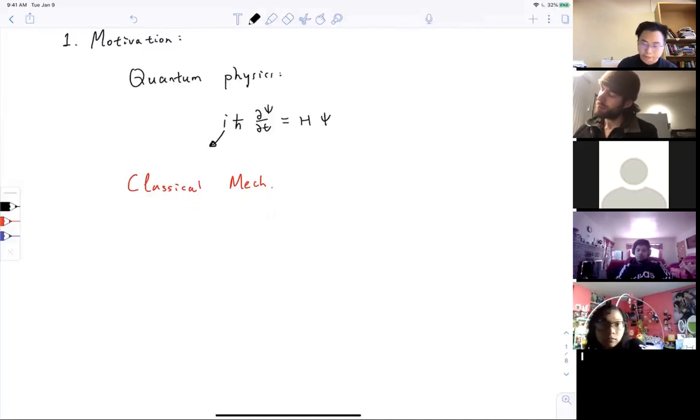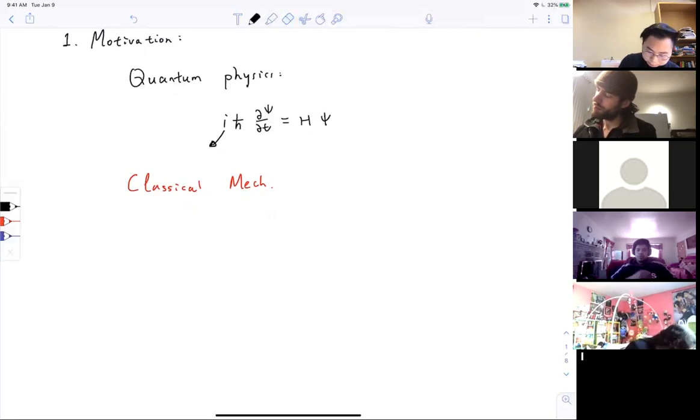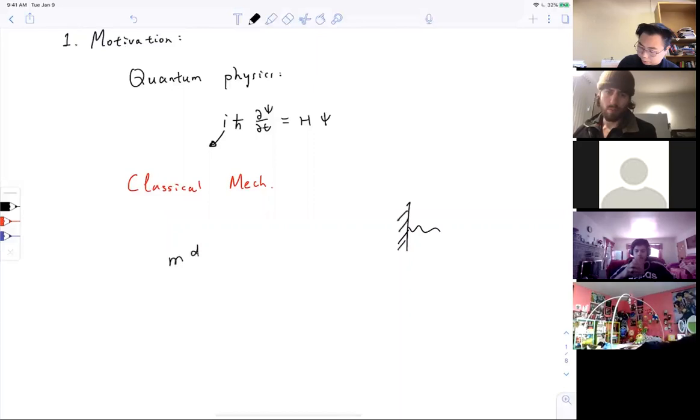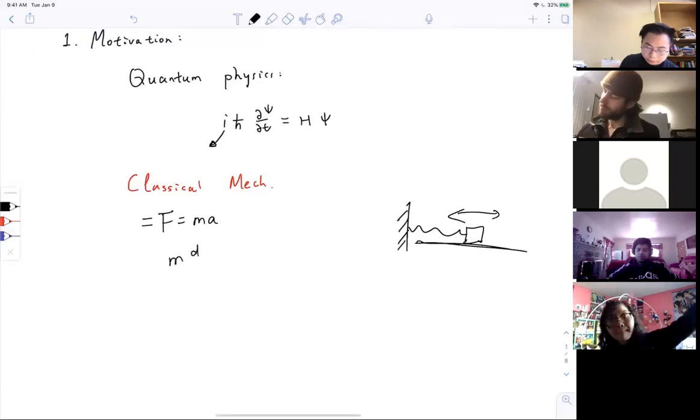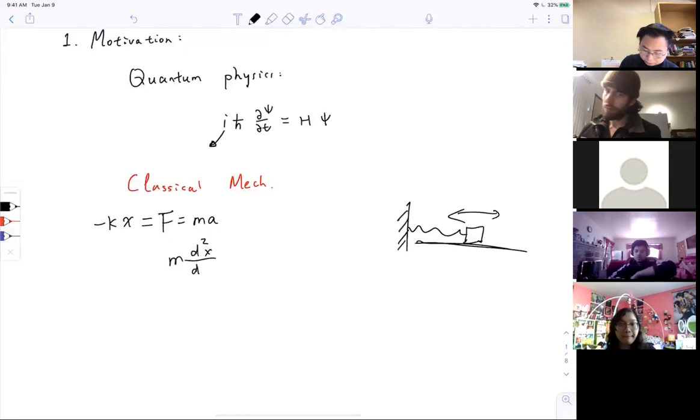There is one example I think is also in the textbook. Imagine you have a spring connected to an object and it's oscillating. Of course, we know the equation of motion is given by F equals ma, right? The force in this case is the spring force, minus kx, and you write down the dynamic equation.